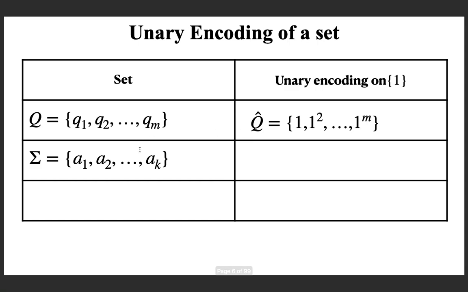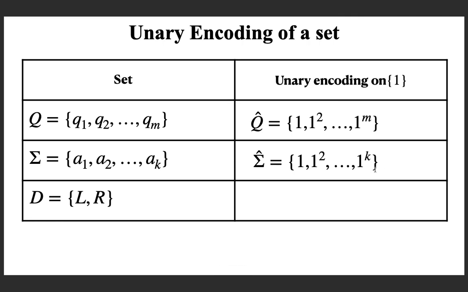Now, if you look at another set which is an alphabet set of an automaton, then here again unary encoding will be represented as sigma hat, and the first alphabet is represented as 1, second alphabet is 1 1, likewise it goes.